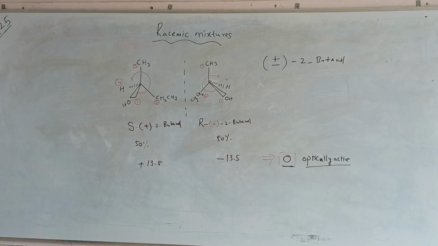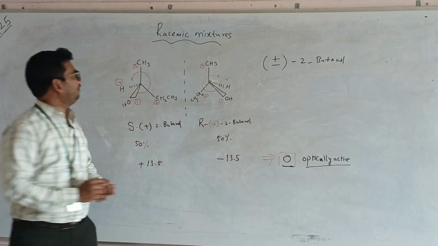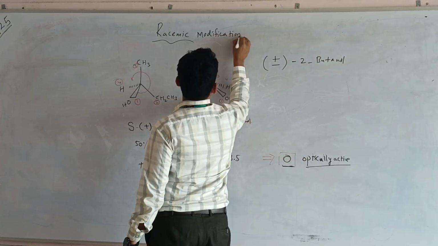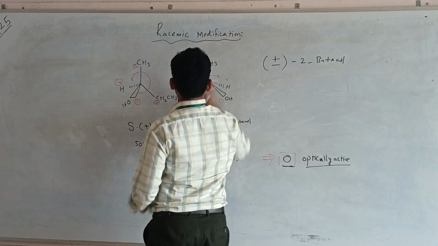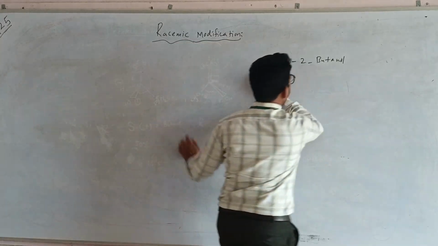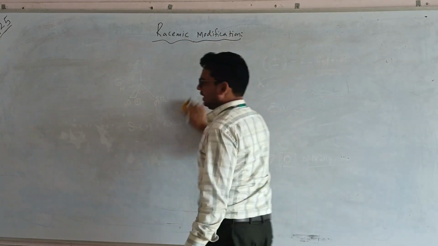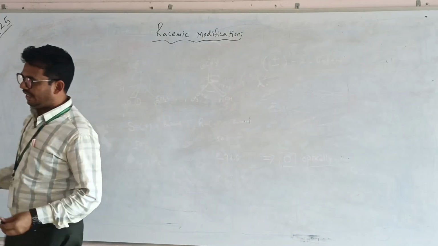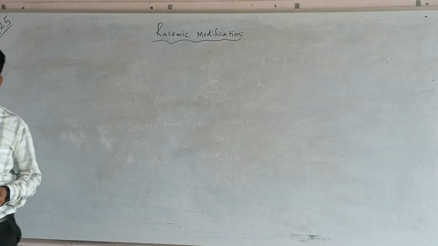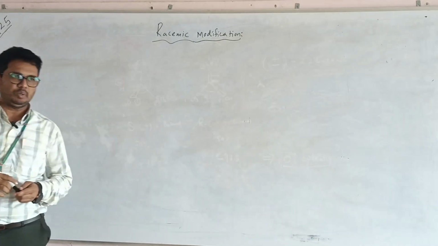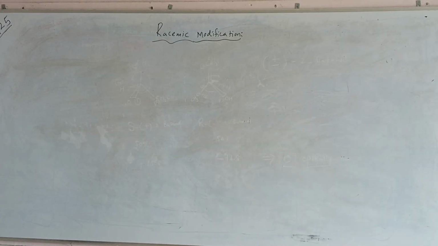Now we understood racemic mixture. Now racemic modification. The name itself indicates what is meant by racemic modification. It means we are converting an optically active compound, a single optically active compound, into the form of a racemic mixture.